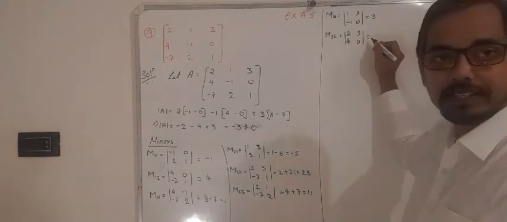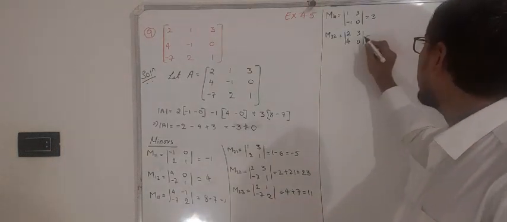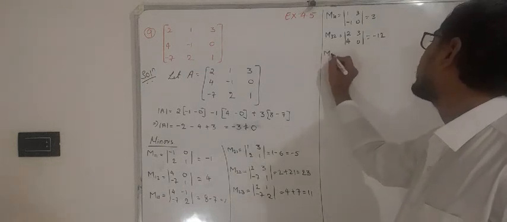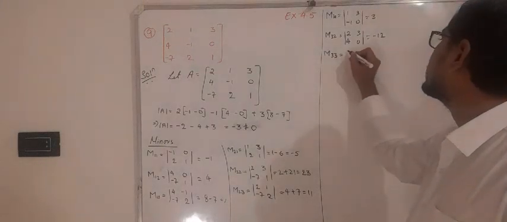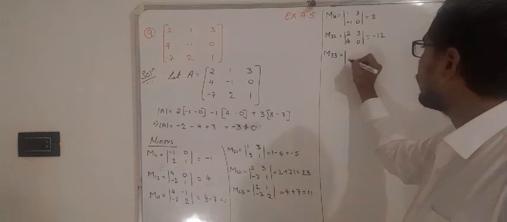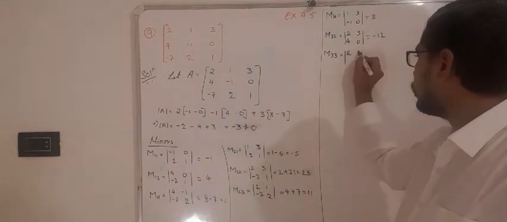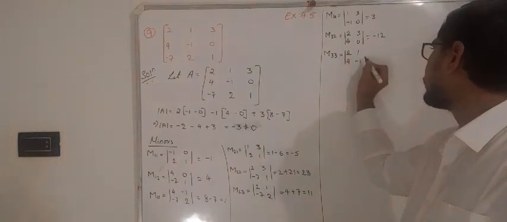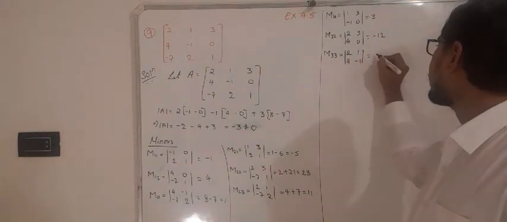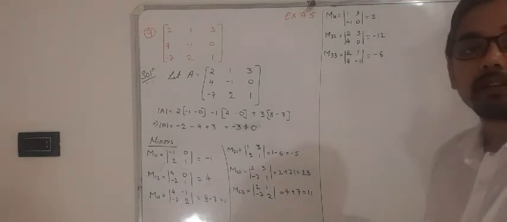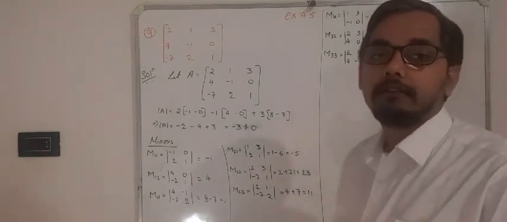So 2 into 0 is 0, and 4 into 3 is 12, so it is minus 12. M33 is the minor of A33, that is 2, 1, 4, minus 1. So this is minus 2 minus 4, that will be minus 6. So these are the values of all the minors we have obtained.